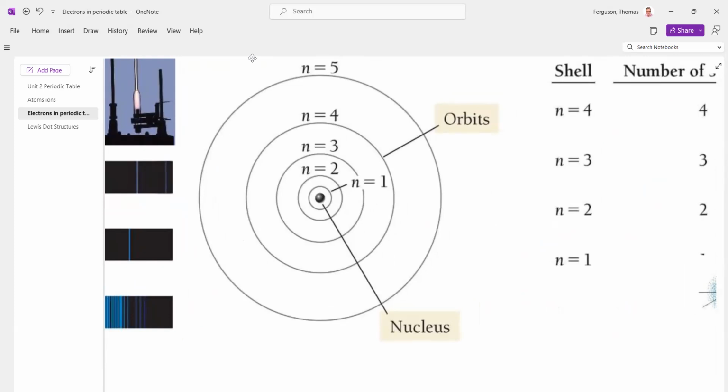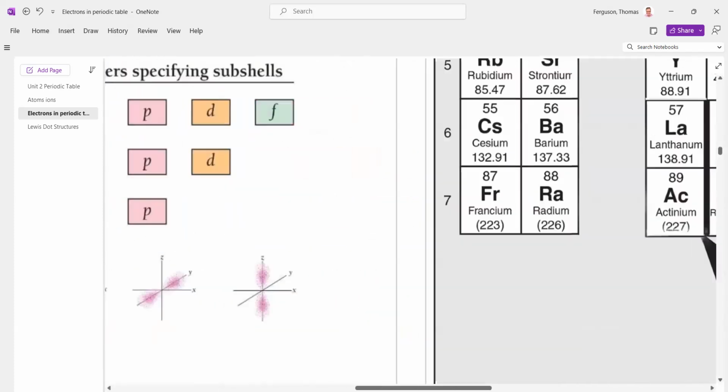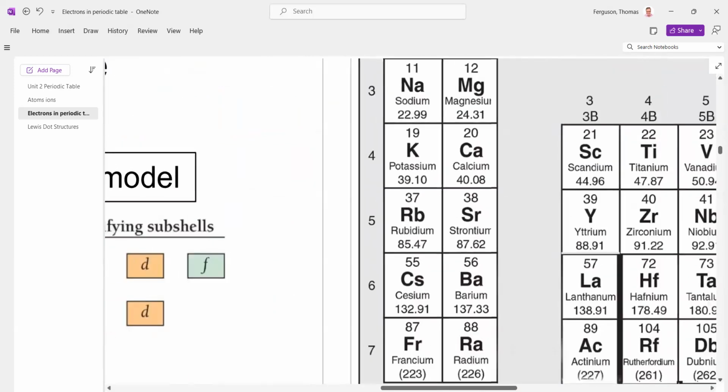But the next one out, it's really composed of 2 suborbitals, and this one out here is 3, etc. So we get over to our periodic table.